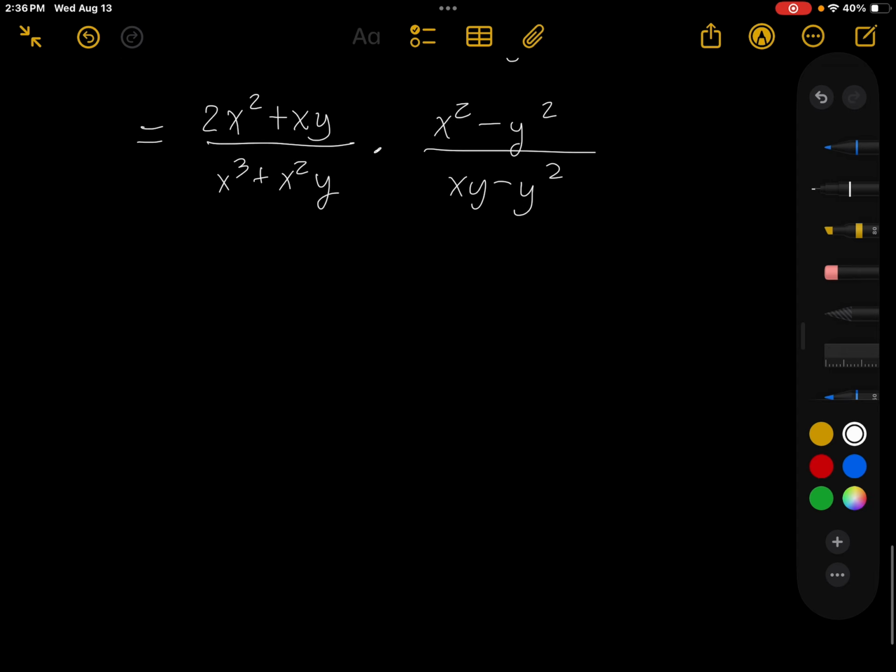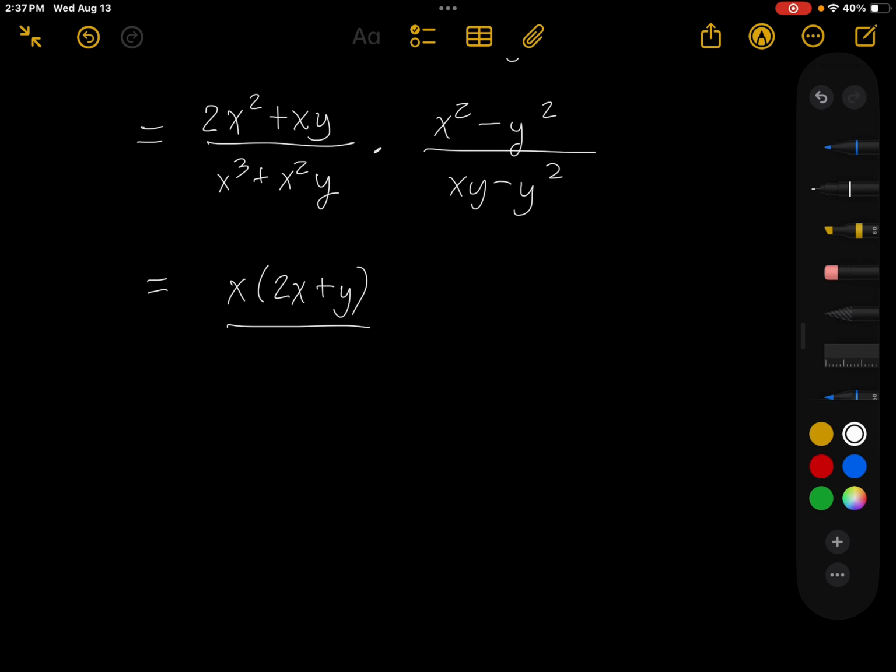And now I just do the same thing as before. I can factor. Just to save time, I'm going to factor directly instead of writing it out separately and then putting it back together. So on the top, 2x squared plus xy, I can factor out an x, and then I'm going to get what? 2x plus y.